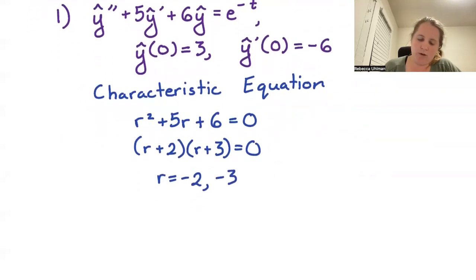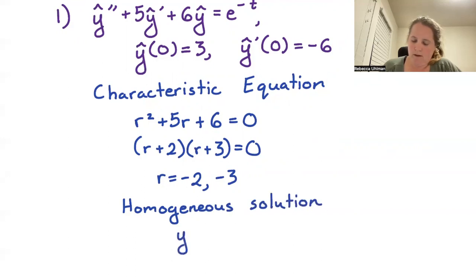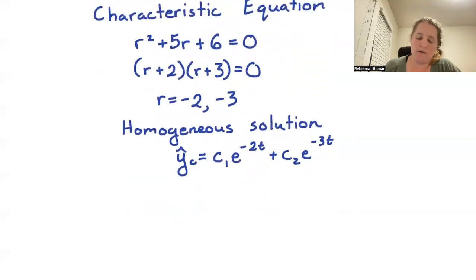So we know our homogeneous solution y hat c is c1 e to the negative 2t plus c2 e to the negative 3t. Our non-homogeneous solution, I'm going to run method of undetermined coefficients.